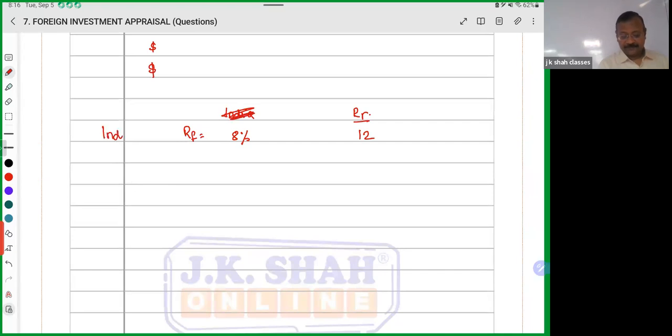Now, US, let's say the risk-free rate is 2%. So what should be the required rate of return in US dollar terms? In India the risk-free return is 8%, so the required rate of return from a project is 12. In the US the risk-free rate is 2%. So what should be the required rate of return in US dollar terms?